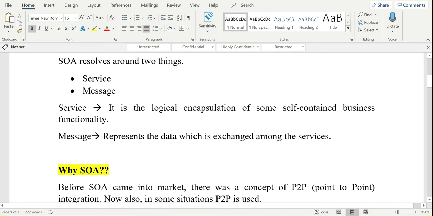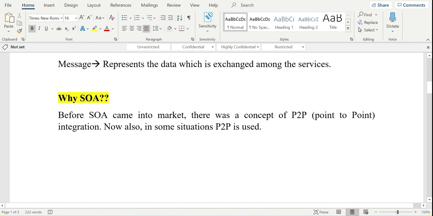So going further, why SOA? Before SOA came into the market, there was a concept of point-to-point integration. Point-to-point integrations are still used nowadays in some cases where there is only one source and only one target.